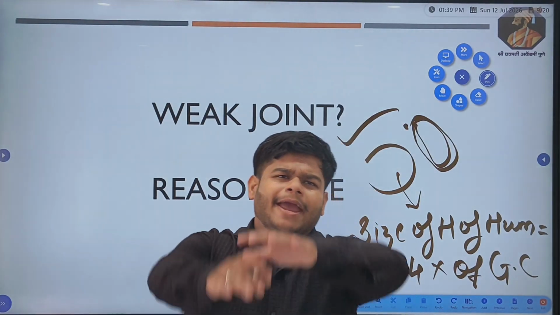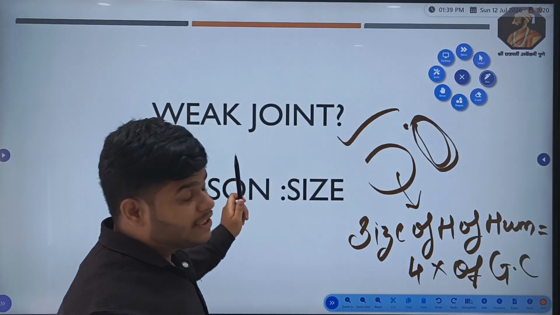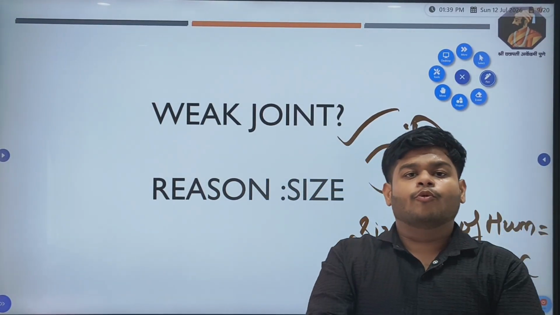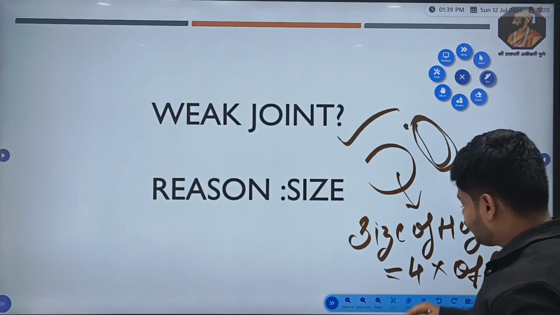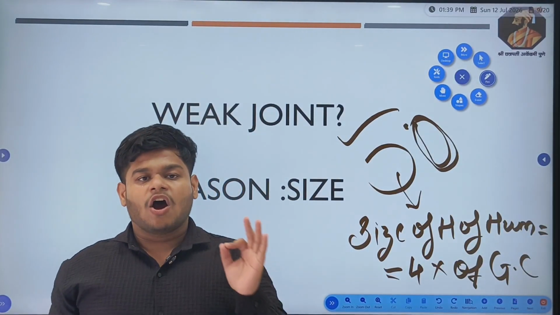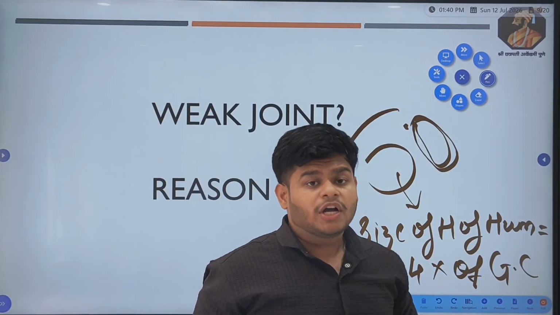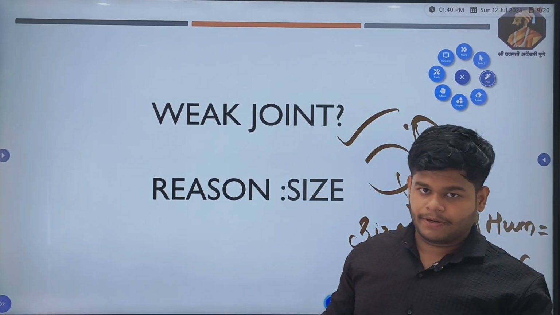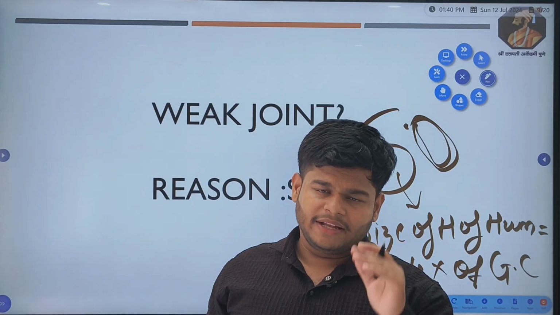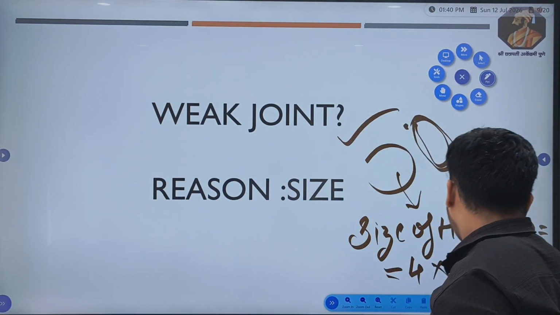We will see many movements in our shoulder joint due to this, because it is a weak joint and permits more movement, since the head of the humerus is 4 times the size of the glenoid cavity. This glenoid cavity is also shallow, not deep. So hence there is less stability and it permits greater movement as compared to other joints.